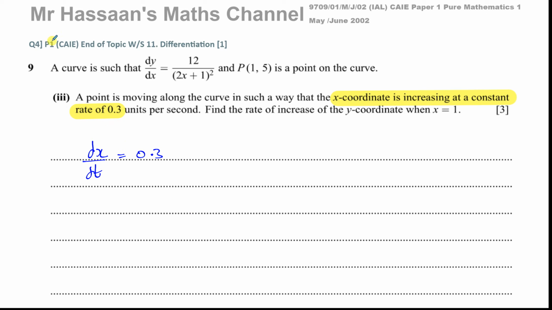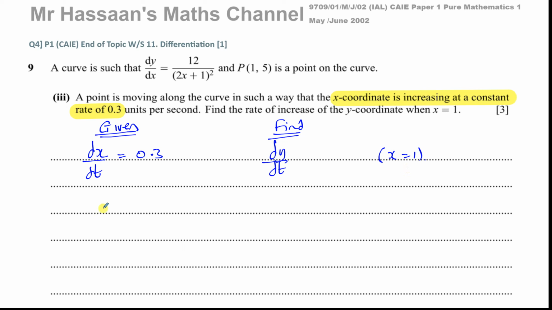So there's always a given rate of change in these types of questions, and then there's another rate of change that we're always asked to find. So we're asked to find the rate of increase of the y-coordinate when x equals 1. So we want to find what dy/dt is when x is equal to 1.